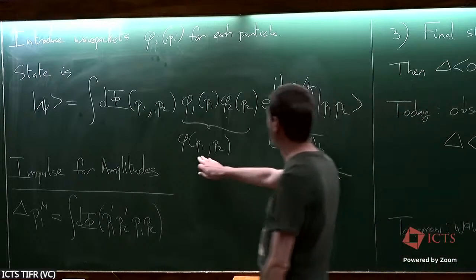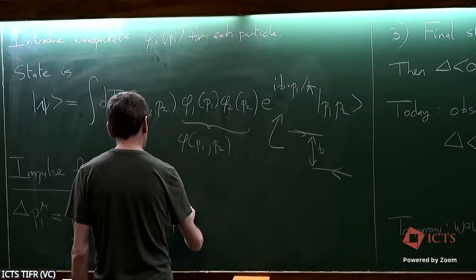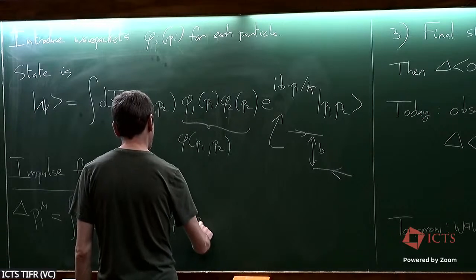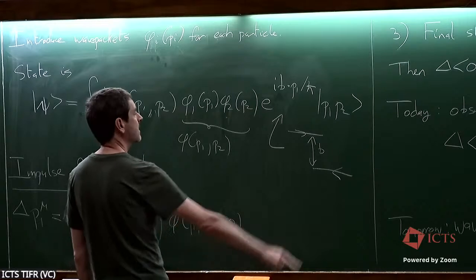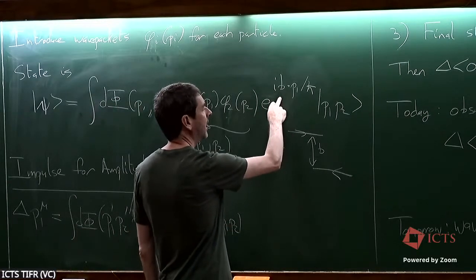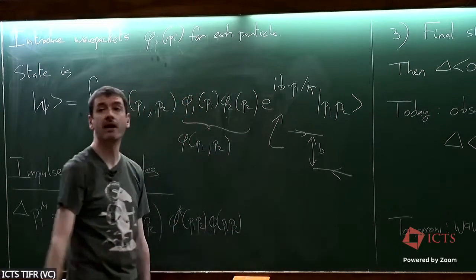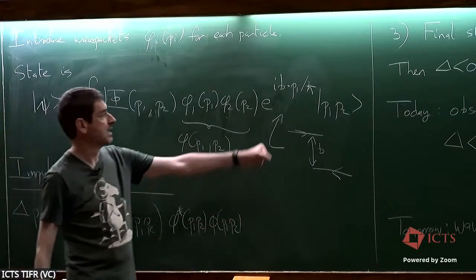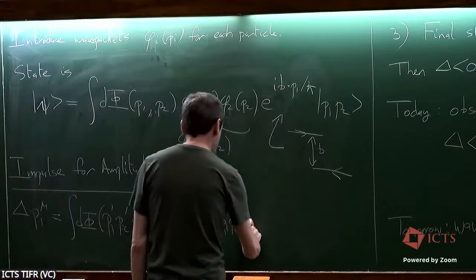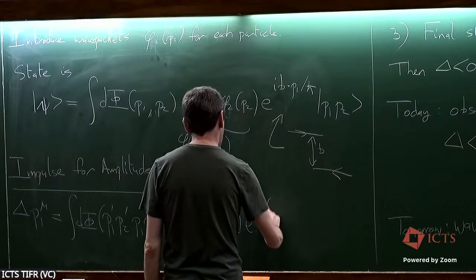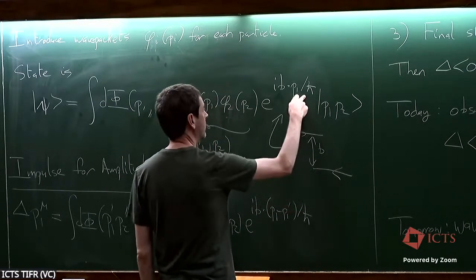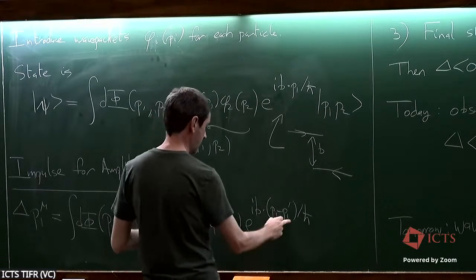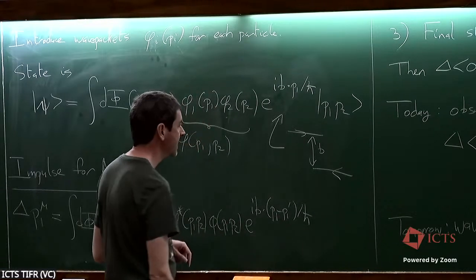We have a wave packet phi star, and a wave packet from the ket. There's an exponential from the bra and the ket. Now the bra is always the complex conjugate of the ket. So I will have e to the i b dot (p1 minus p1 prime) over h bar. So 1 from the ket, 1 from the bra, comes in with the minus sign.